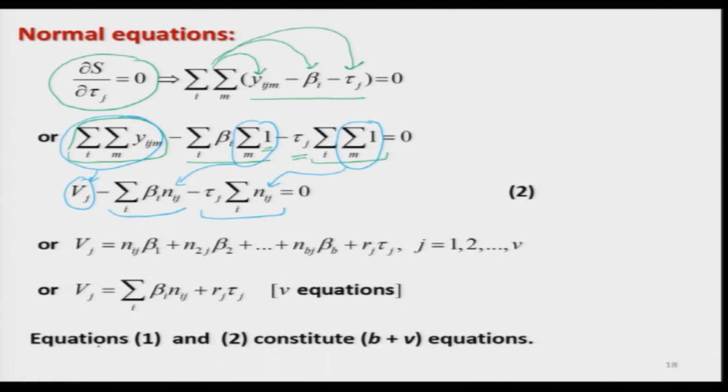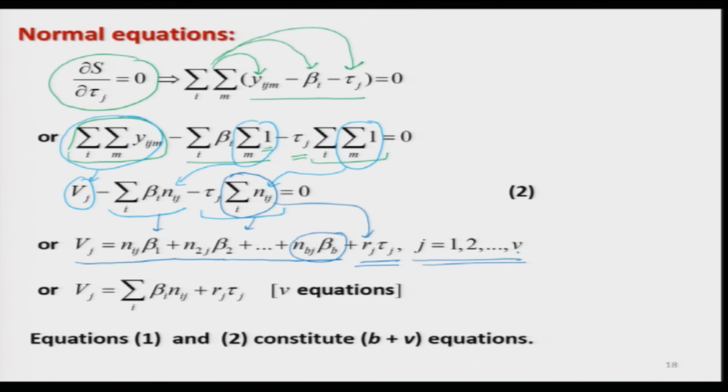The same thing we can write very clearly: V_j is equal to N_1j beta_1, and then this term can be simplified as N_2j beta_2 plus up to N_bj beta_b, because i is going from 1 to b and j is going from 1 to v. The last term will be N_bj beta_b plus R_j tau_j, because the quantity summation over i of N_ij we had found earlier is simply equal to R_j, and j is going from 1 to v.